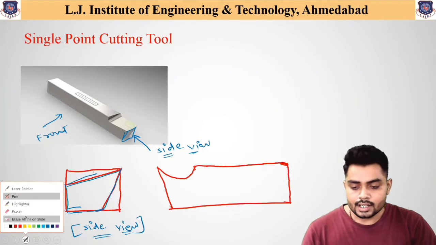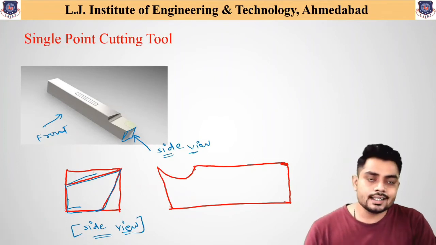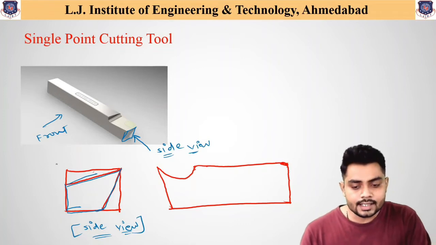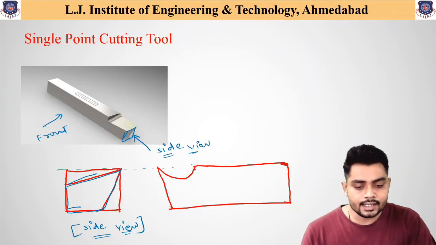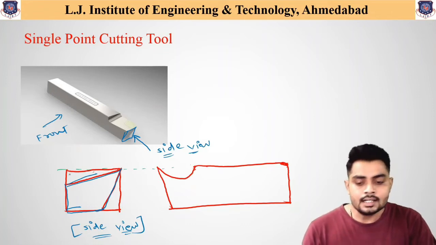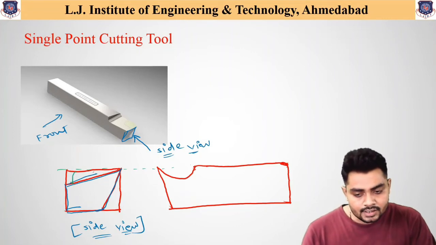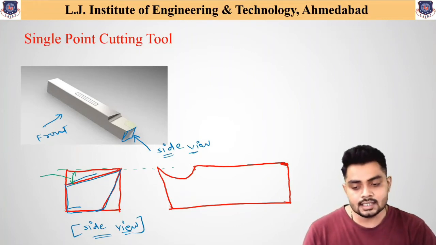And now if we list the most important angles over here, this is the side view only. So if you draw a horizontal line and consider this entire figure, this horizontal line makes an angle with this particular line, and this angle is called as the side rake angle.